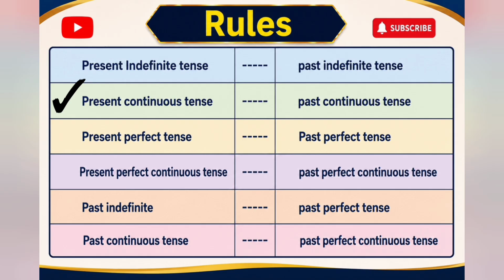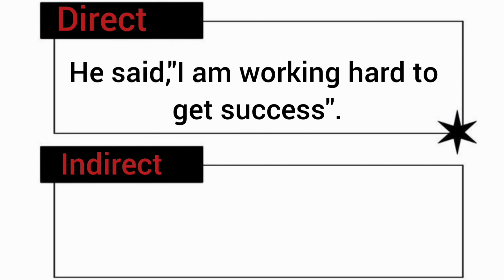If reported speech is in present continuous tense, then it will be changed into past continuous tense. So again, our reporting speech is in past tense. I'll continue with a similar example for your understanding, and later on we'll go for different examples. Now the sentence is, he said, I am working hard to get success.